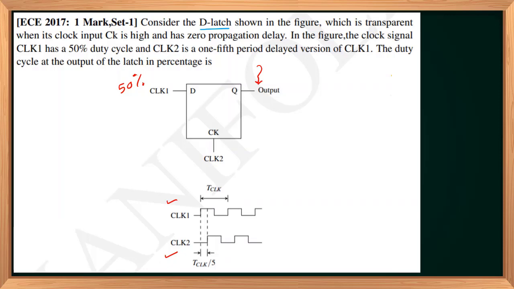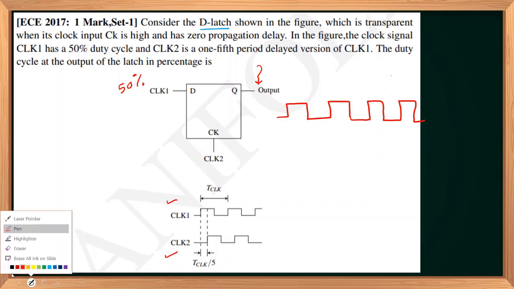So we should plot the output signal first, then we can easily identify its duty cycle. Before that, let me draw clock 1. Clock 1 is a 50% pulse waveform, equal on and off periods. 50% of the time period is on and 50% is off.